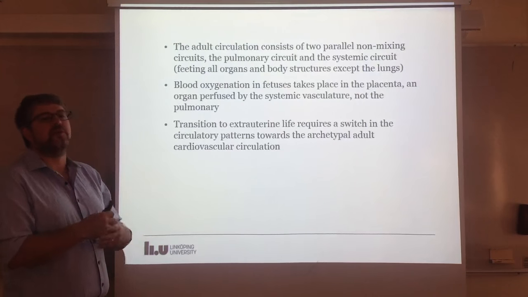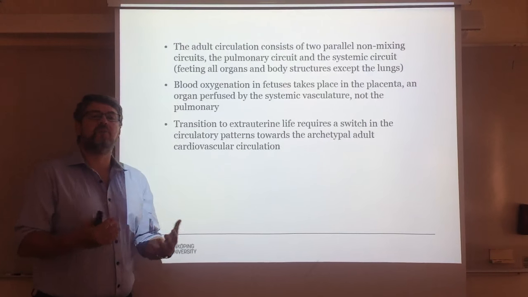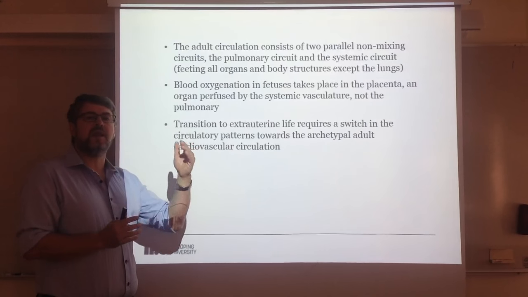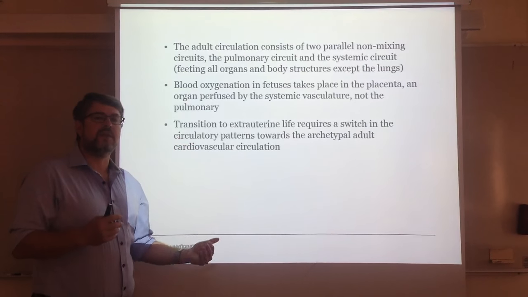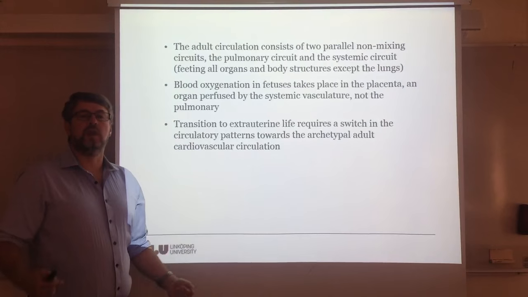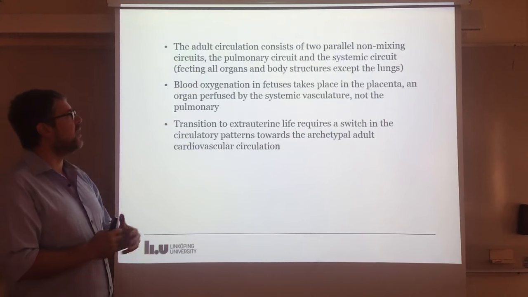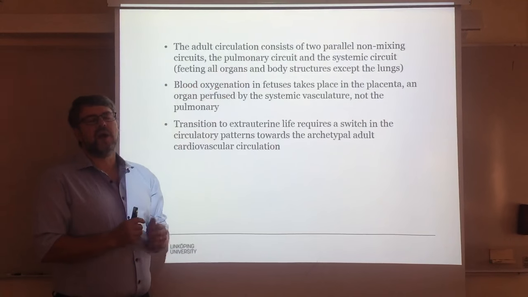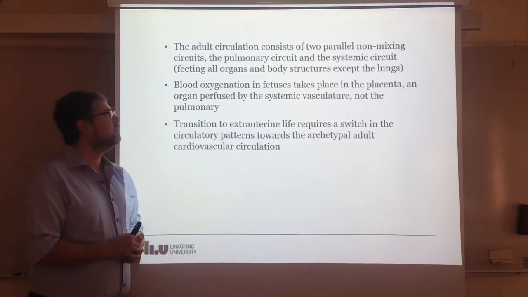The systemic circuit is what provides perfusion to the brain, to the gut, to the intestine, to the heart, to the legs, to all muscles essentially, versus the pulmonary that provides the circulation to the lungs.